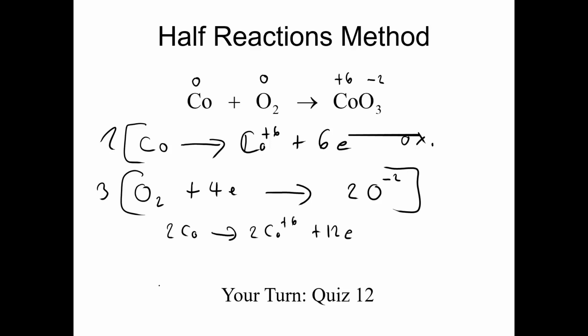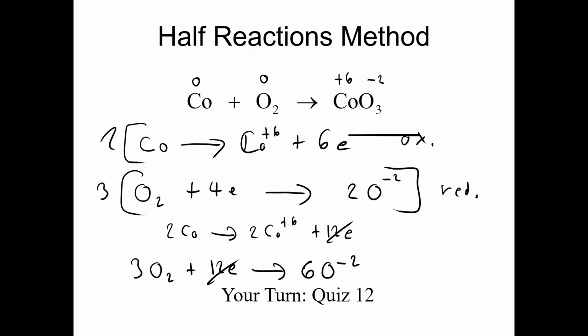And the reduction half reaction, I should write it down: we have 3 O2 and 12 electrons going to 6 O minus 2.